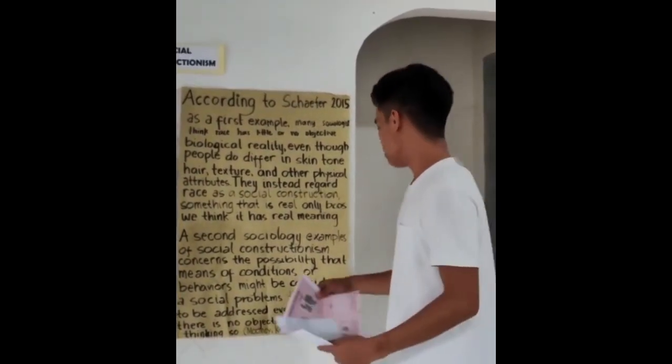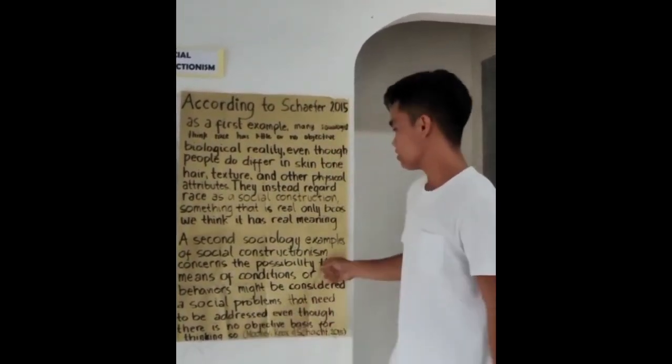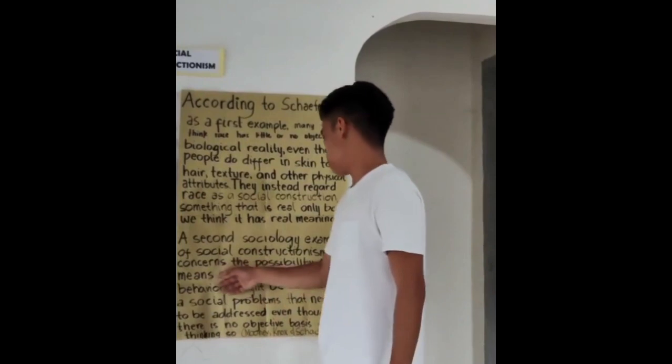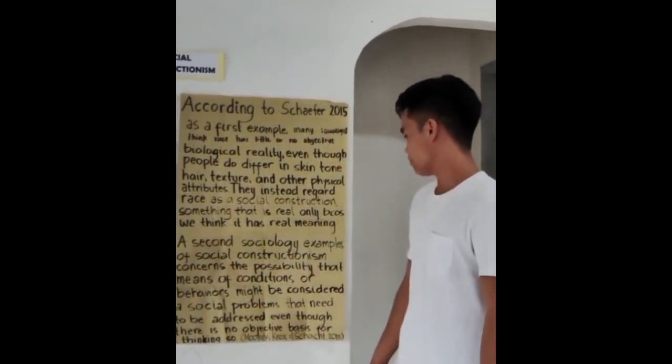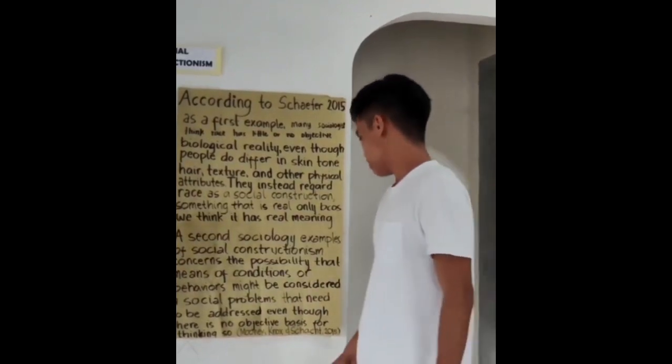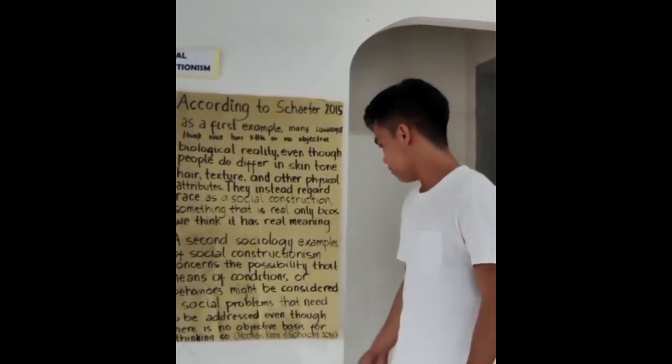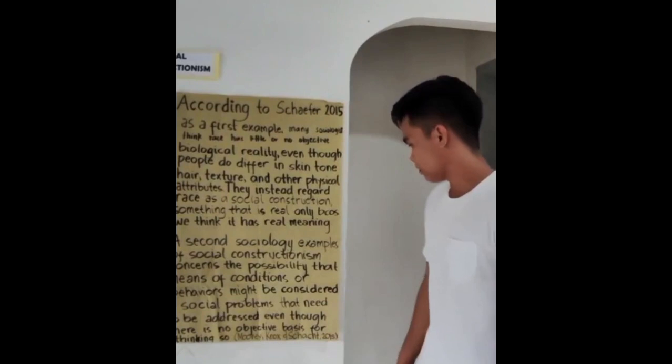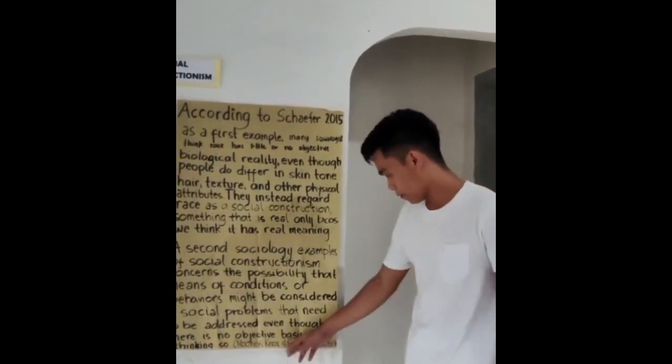A second sociological example of social constructionism concerns the possibility that certain conditions or behaviors might be considered social problems that need to be addressed, even though there is no objective basis for thinking so.